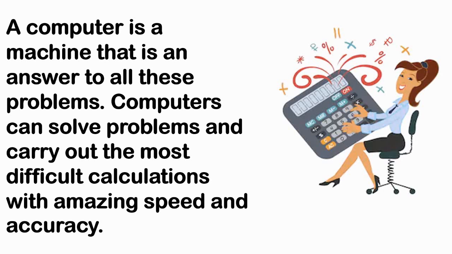Now, when we calculate, we try to add, subtract, multiply or divide. We take a lot of time, but this computer, this machine carries out all these difficult calculations at amazing speed and with accuracy. That means quickly and correctly without mistakes.